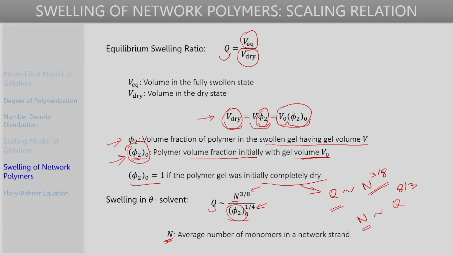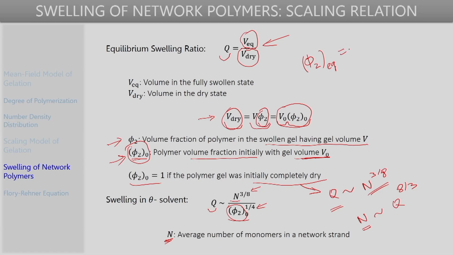One last thing to identify here is that if we look at this equilibrium swelling ratio and consider this phi 2 at equilibrium. So, when complete swelling has taken place and we are at an equilibrium condition, then the corresponding volume fraction of the polymer in that equilibrium swollen gel is just equal to 1 over Q, and that can be done by looking at this relation as well as this relation here.